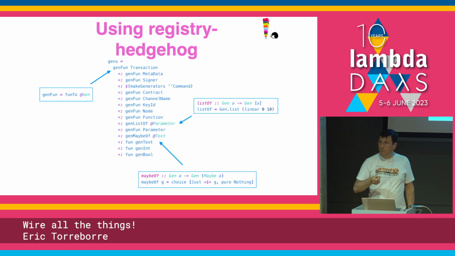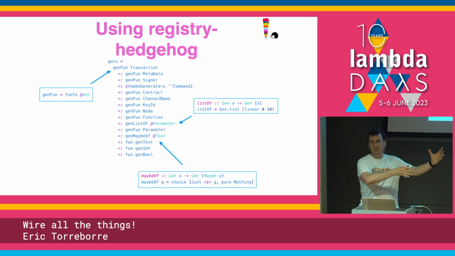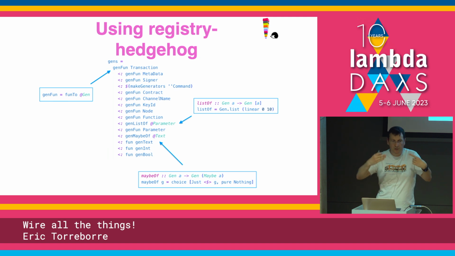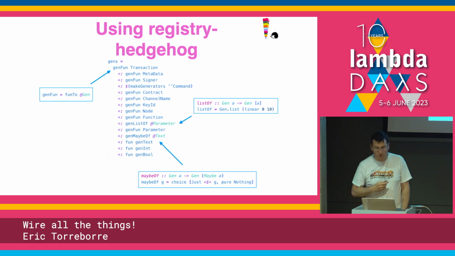So you can take all the constructors of your data model, you stick them in a list of functions like this, and then you say, give me a generator for transaction, and it's going to build all those generators for you. You even have, actually, to specify relationships between entities. Like, if you have a maybe of something, you need to say exactly how do you want to generate this.